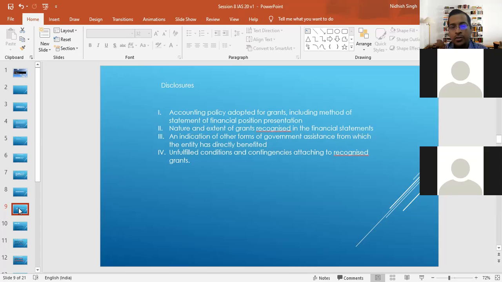Now, at this stage, you would start to get a feel for the disclosure requirements for any such standard. You just need to talk about key numbers, key terms and conditions, key variables, and any such detail which the users would like to know, or which can impact the decisions of the users. So these 3-4 types of things must be in any disclosure, regardless of the standard that we are following.